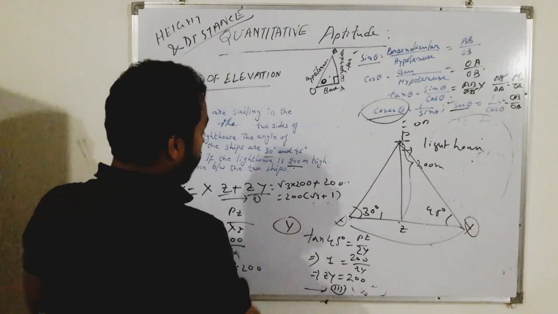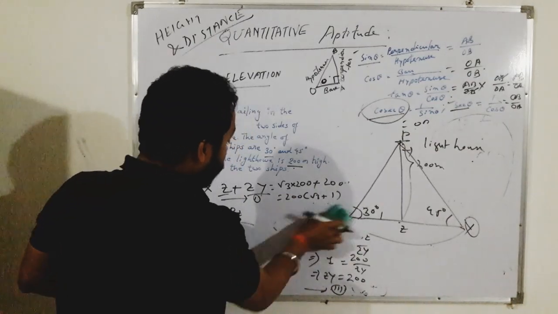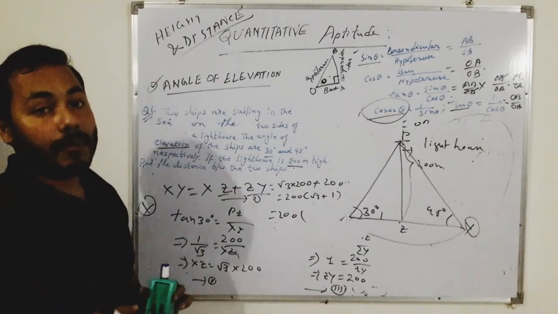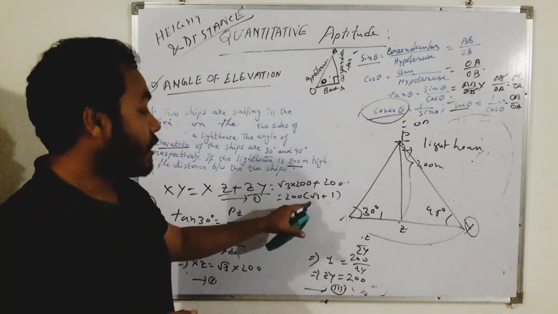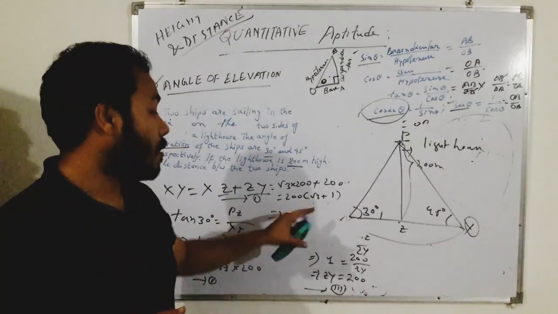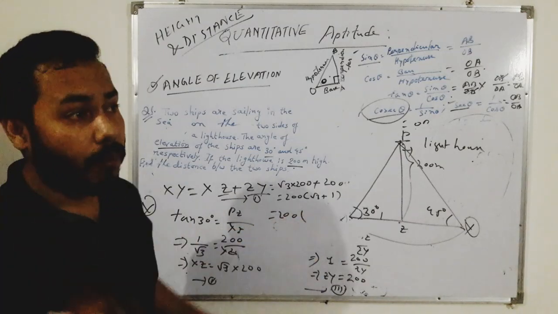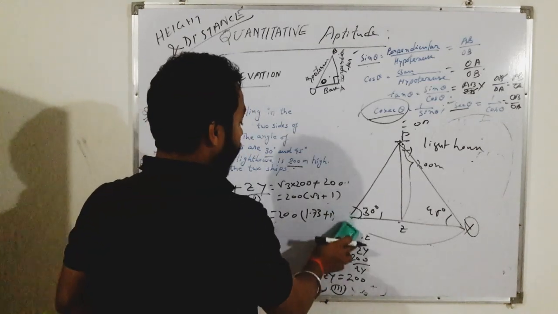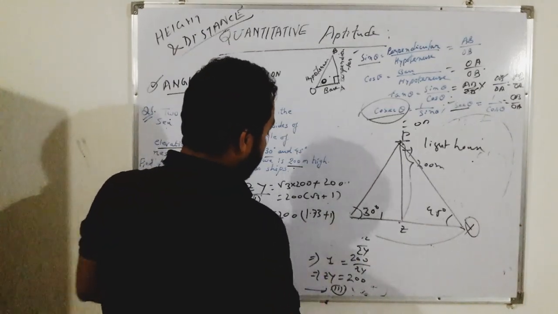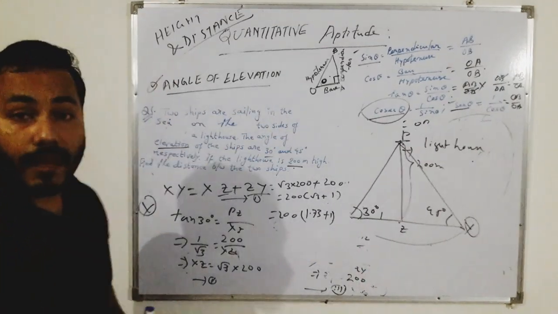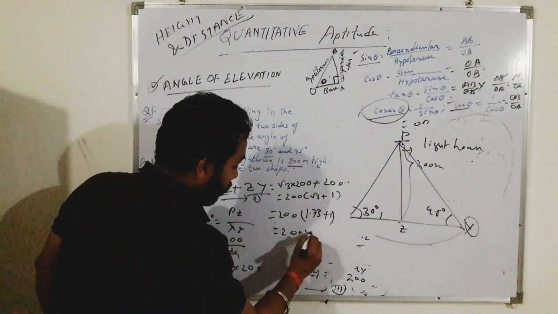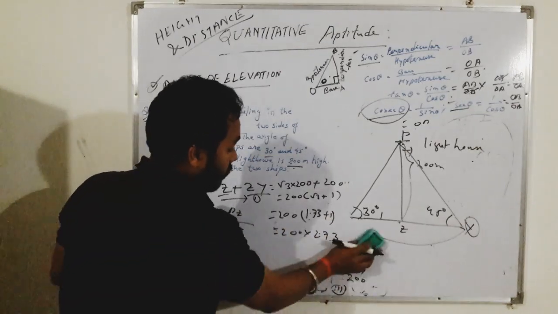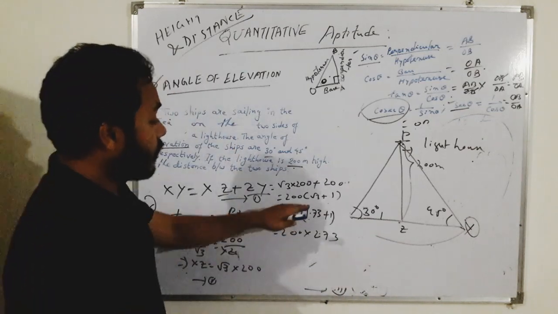Now what is the value of root 3? Obviously, in a particular examination some values will be provided, or sometimes you need to memorize. Root 3 is, I think, 1.73. This is not a big deal. Sometimes you will be allowed to use a calculator and you can easily find it. So root 3 is 1.73. So 200 into 1.73 plus 1, how much is it? 2.73.